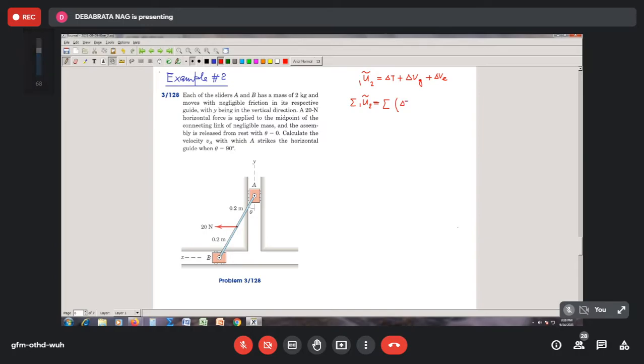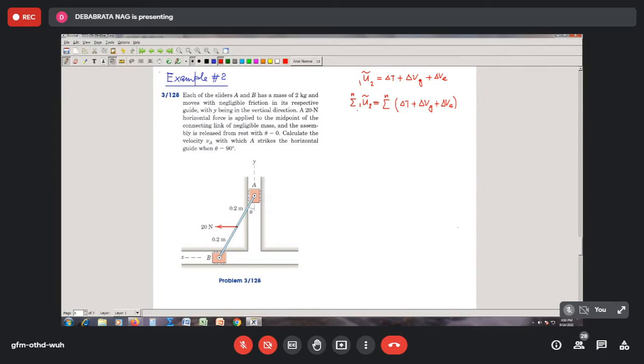The summation will need to be done over the number of particles there. Suppose if you have, for example, n number of particles, then we need to sum it over n. So we just put the sum sign here.